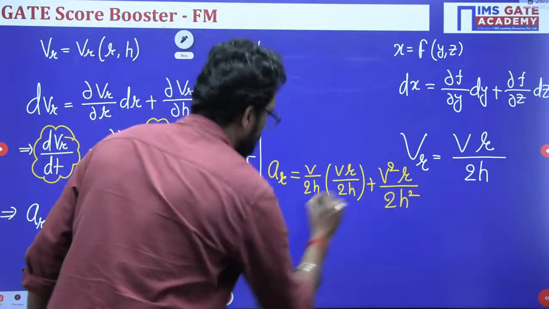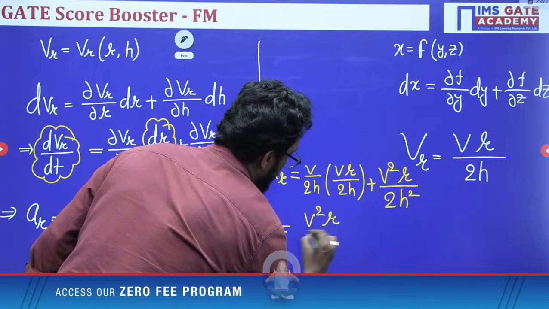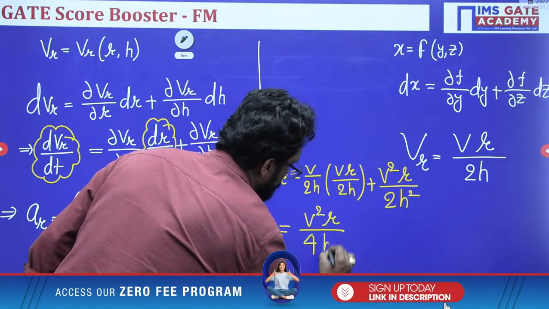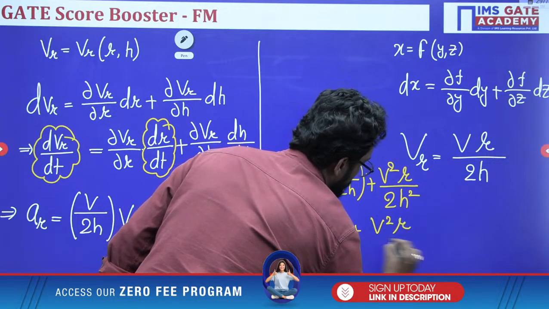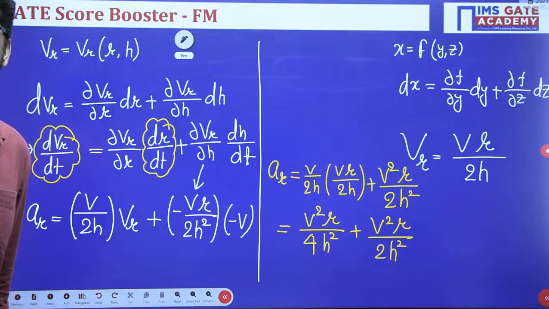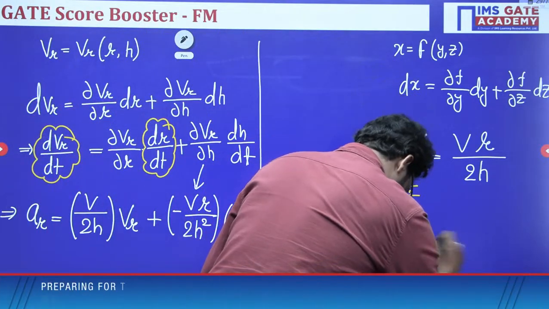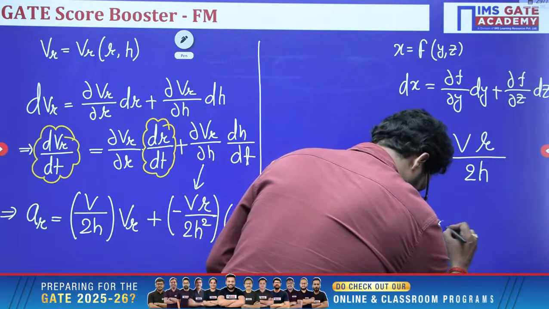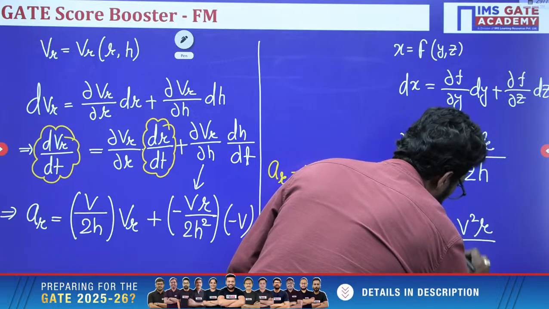Okay, so this is what beta? v square r by 4h square plus v square r by 2h square. Clear? Now if you add, this is 3v square r by 4h square.